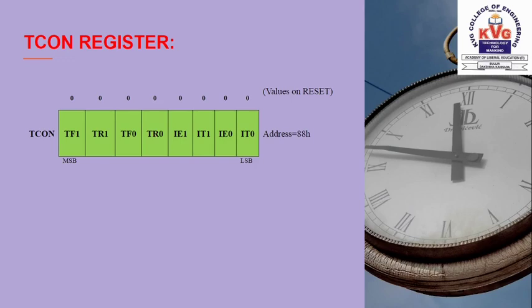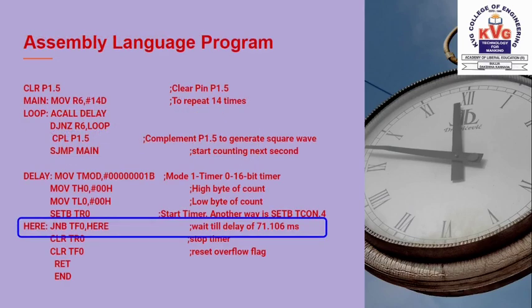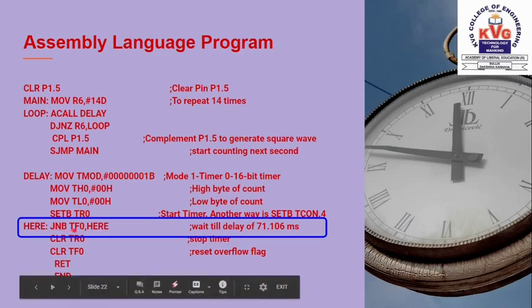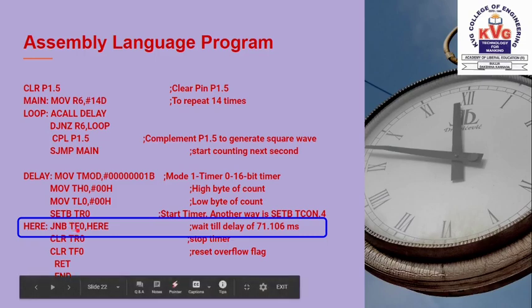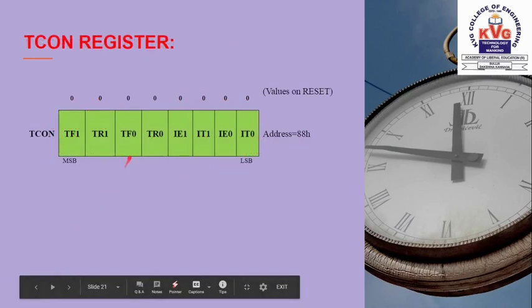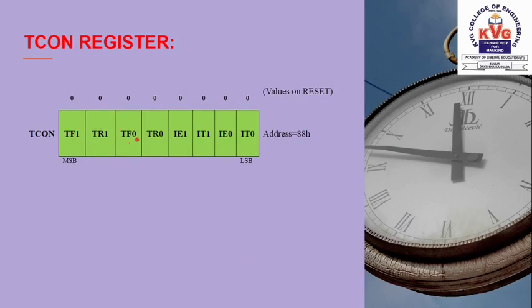When the timer starts counting, it will keep counting, and this is how the maximum delay of 71.16 milliseconds is obtained. It will wait till that time has elapsed. So when it reaches the maximum count, then TF0, this bit will become 1.